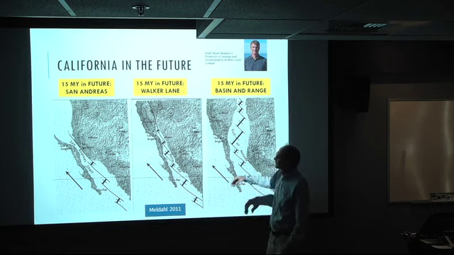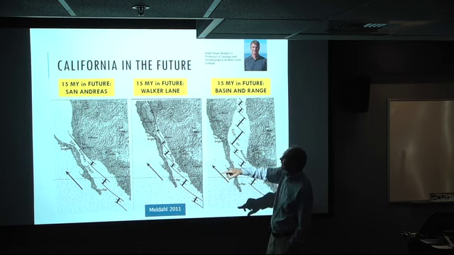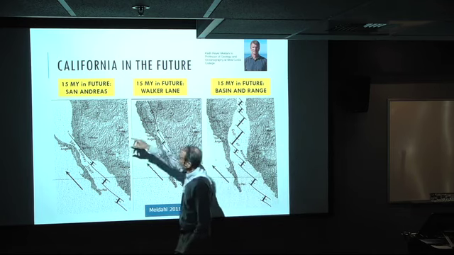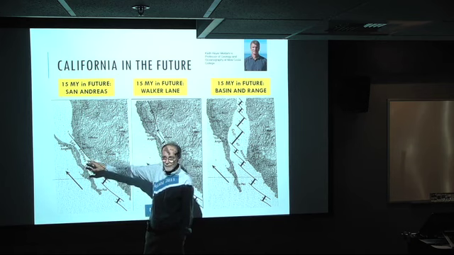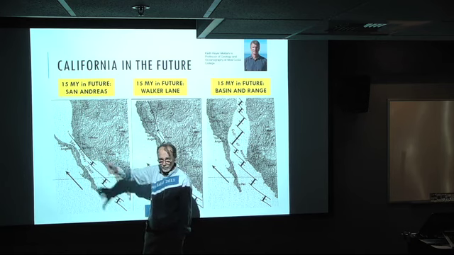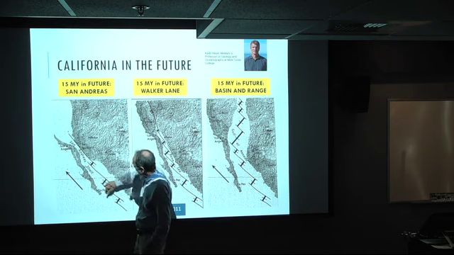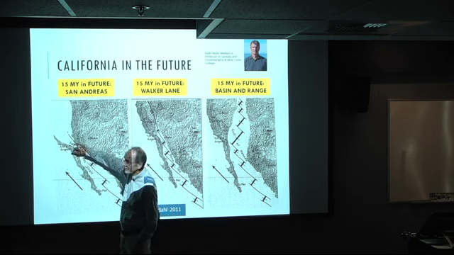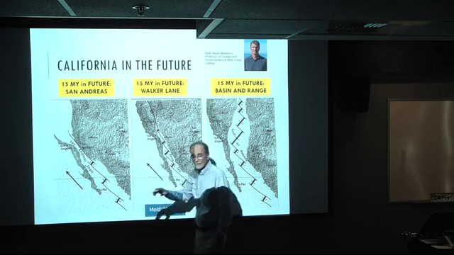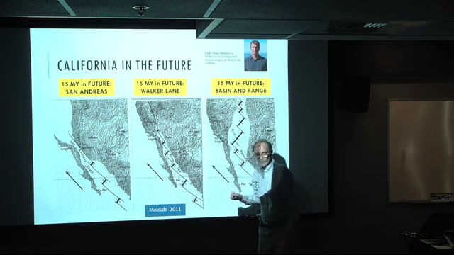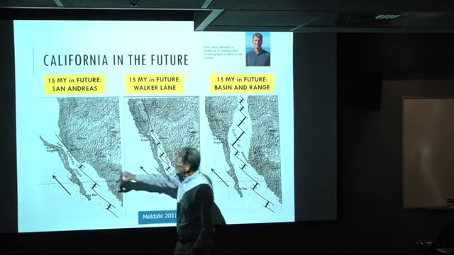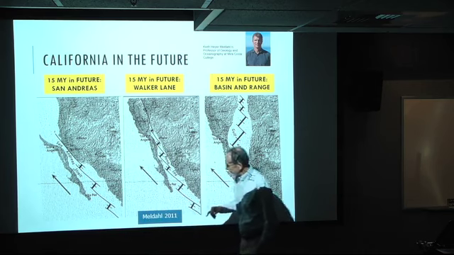He did this calculation of what California might look like in 15 million years in the future if the San Andreas was the dominant pathway of motion. And here we can see this is the Sea of Cortez expanding and now going up past Los Angeles in 15 million years. Again, we don't have to worry about buying property in Palm Springs yet.